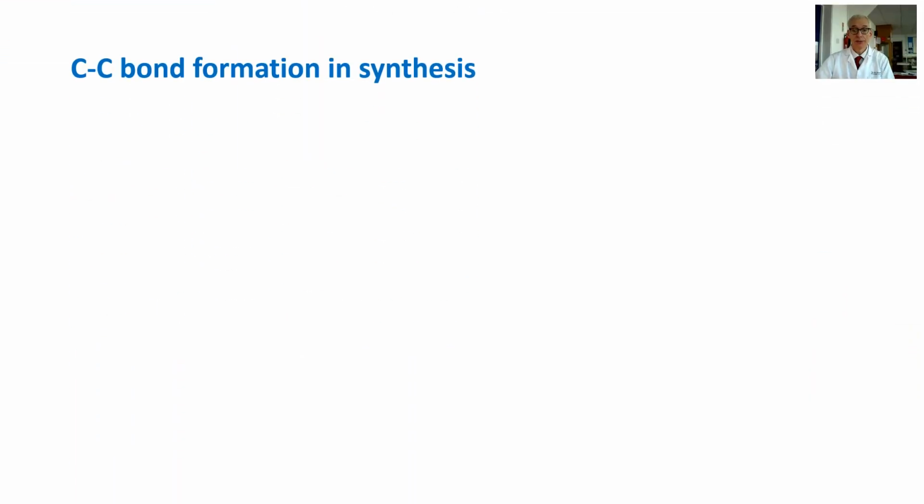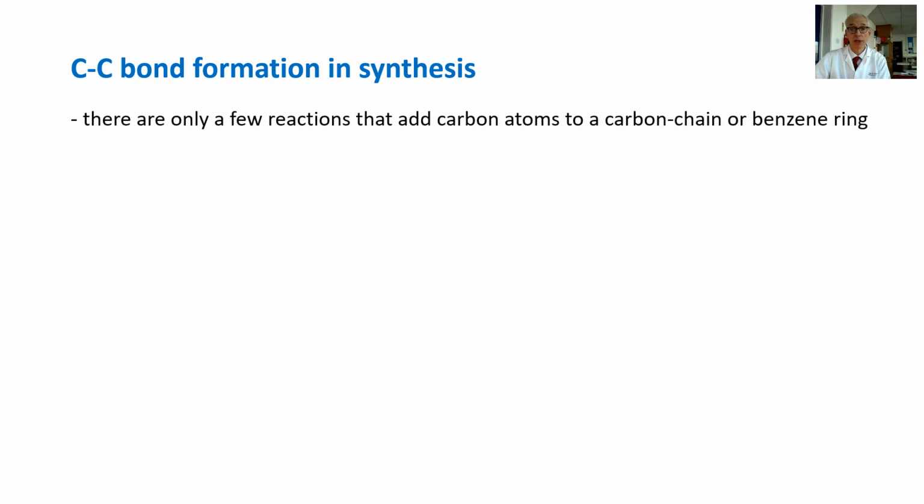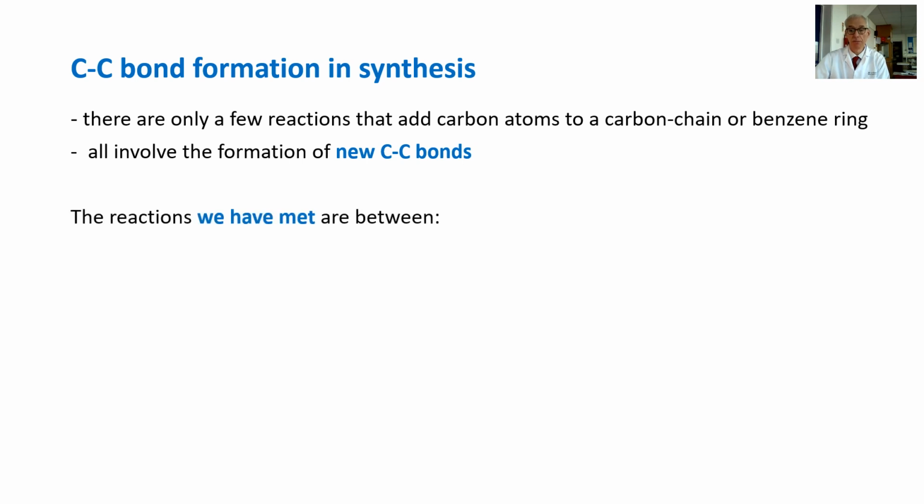There are only a few reactions that extend the carbon chain, and they all of course involve the formation of a carbon-carbon bond. If you've been following the OCR Chemistry A course, then you will have met the following reactions.